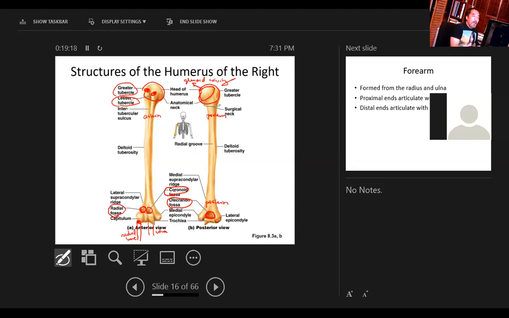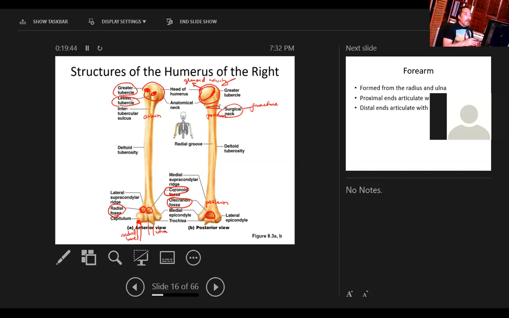I got the anatomical neck just below the head, and I got the surgical neck on the proximal side. The reason why they call it surgical neck is because fractures constantly occur at this area. Okay, so now I don't have anything else that I can identify on the proximal end. I'm finished with my proximal end.